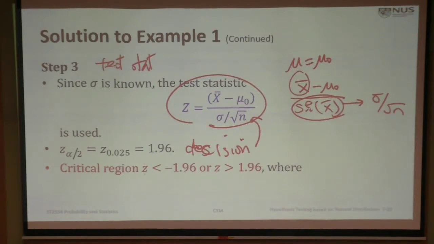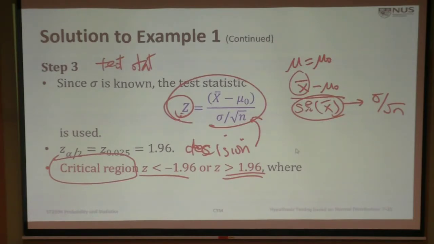Because it's a two-sided alternative, whenever the value I observe from the sample is less than minus 1.96 or bigger than 1.96, I will reject the null hypothesis. So my critical region, that means rejection region, is when z is less than minus 1.96 or bigger than 1.96. But if it is between minus 1.96 and 1.96, I do not reject the null hypothesis.